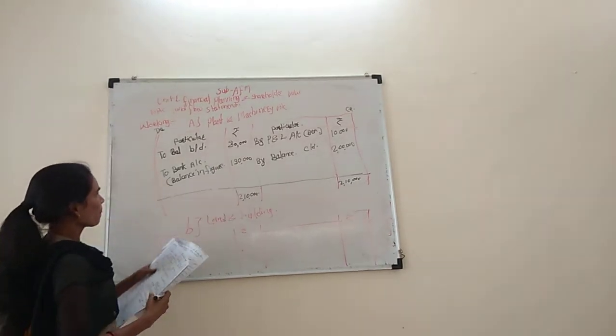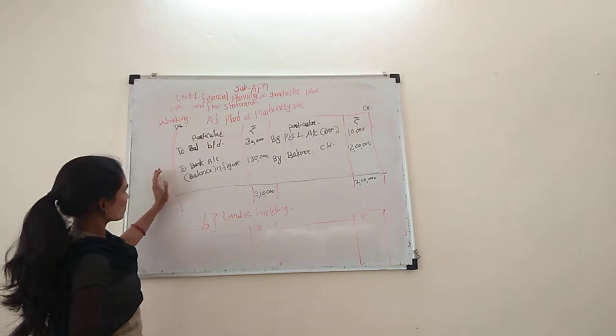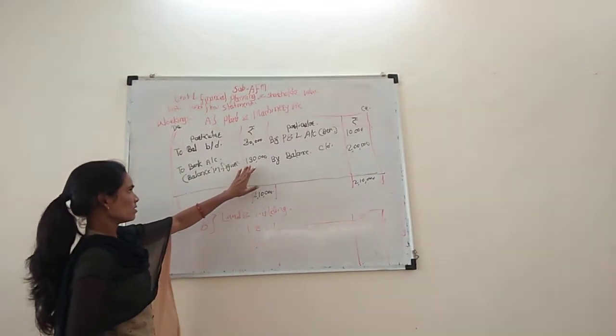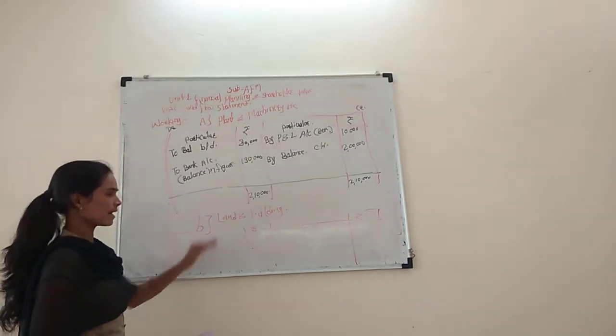This is the fund flow statement. So application of fund 1,30,000, and next one is land and building.